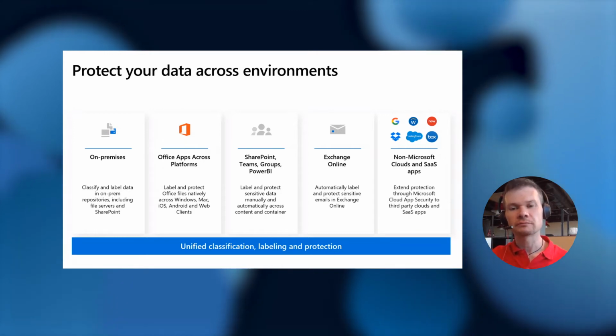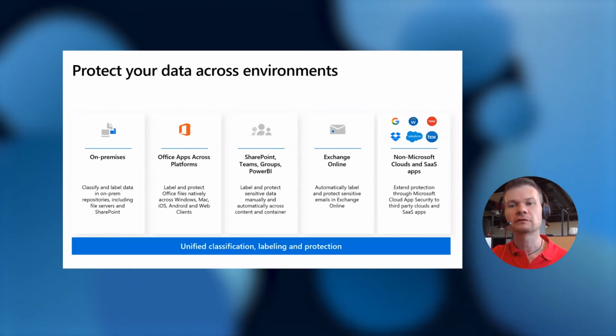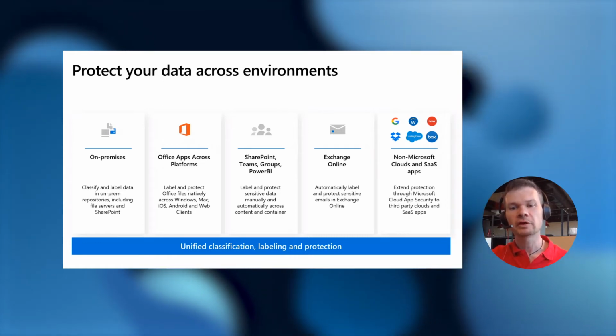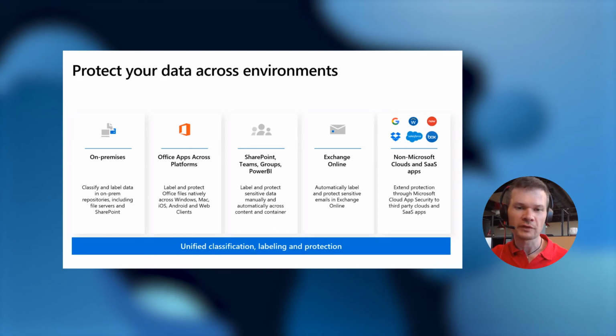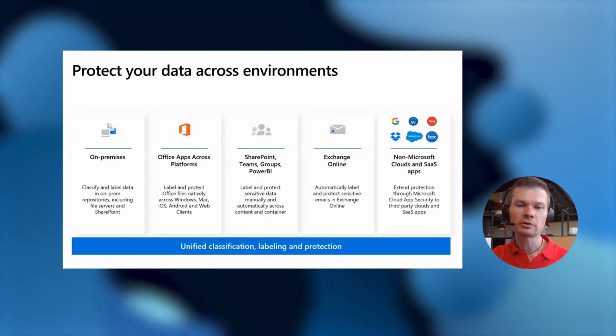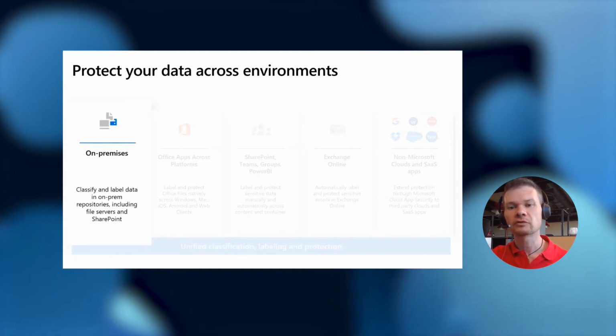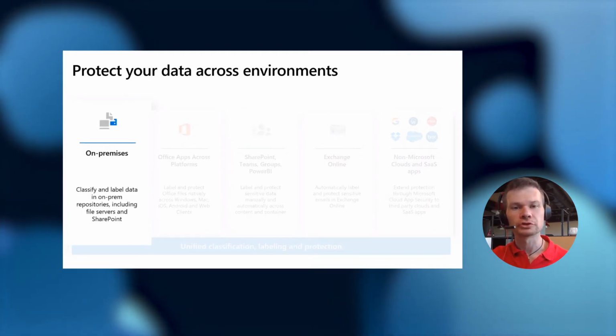Microsoft Information Protection provides consistent experience across services and apps and platforms in various heterogeneous cloud, hybrid, and on-premises environments. In this session, we are going to concentrate on the on-premises world covered by Microsoft Information Protection solution.